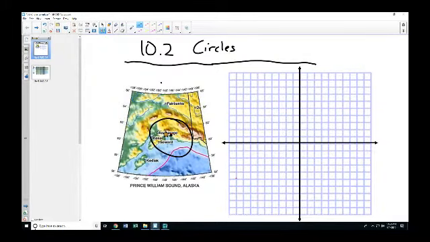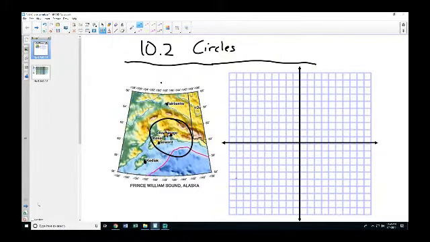So let's say you have a seismic station here in Fairbanks, and you have one in Kodiak, and then you have one in Seward. And the earthquake hits those at different times, correct? So based on the time that the earthquake waves hit those locations, they'll use circles to estimate where the center of the circle is.